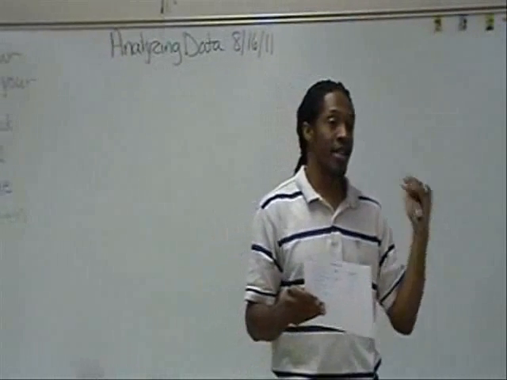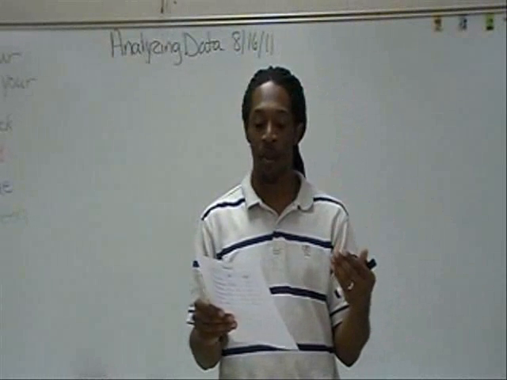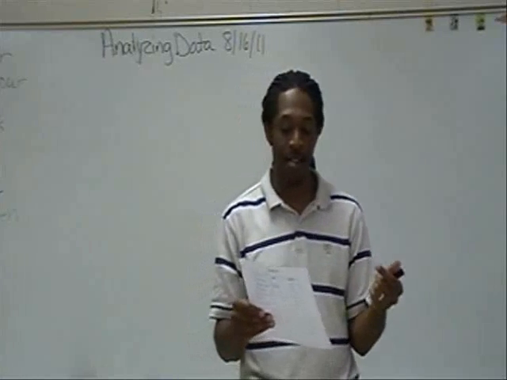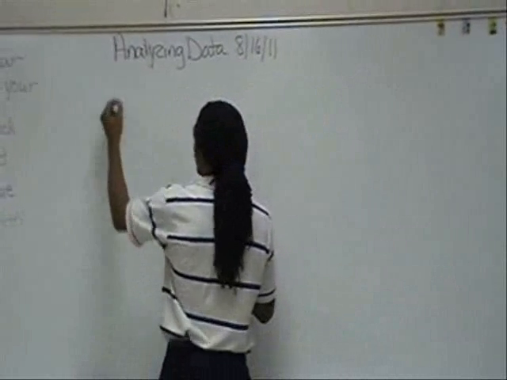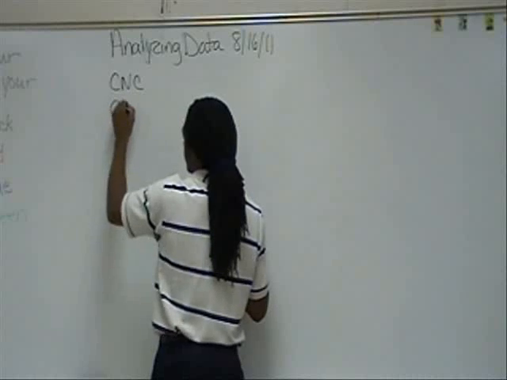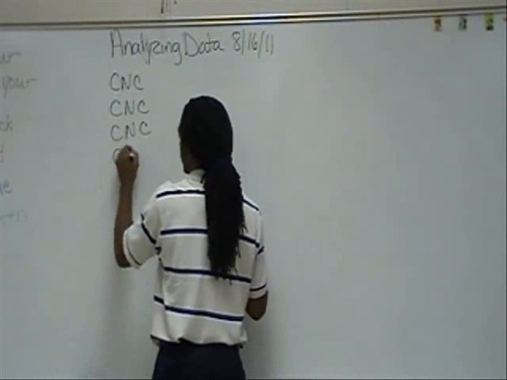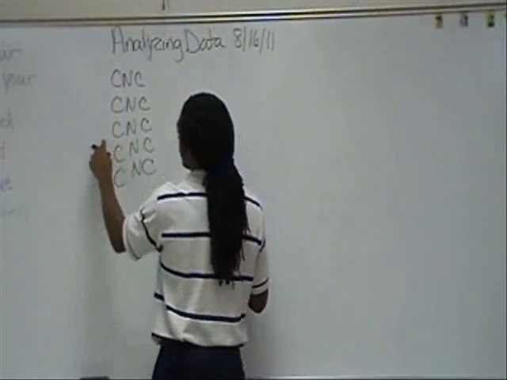We're going to use CNC to represent the number of people that said cookies and cream. Okay, and we had 6 people. So for our data, we would put CNC 6 times. Okay?